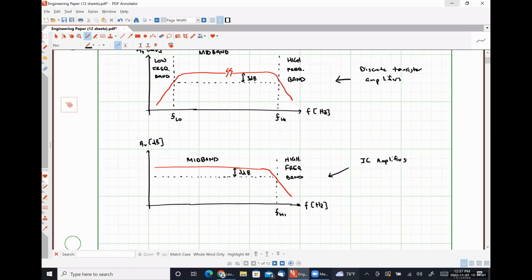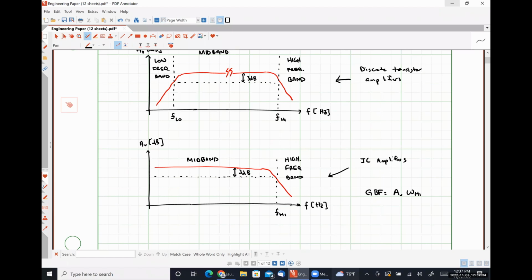So effectively, we are designing towards the highest gain bandwidth product that we can achieve, where GBP is simply AV times omega high, using the angular frequency location of the pole as opposed to the linear frequency location of the pole.